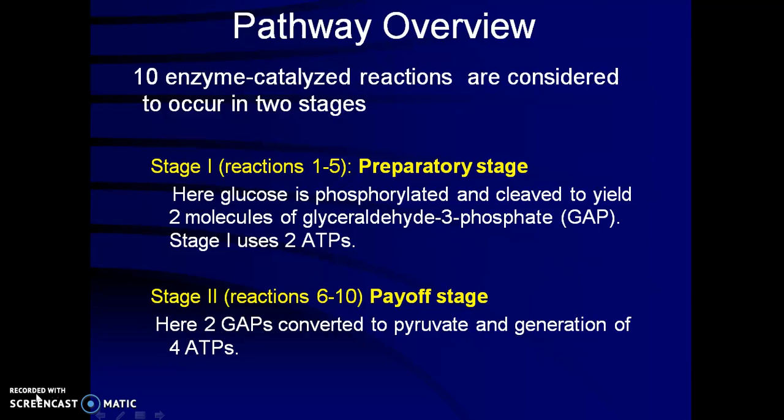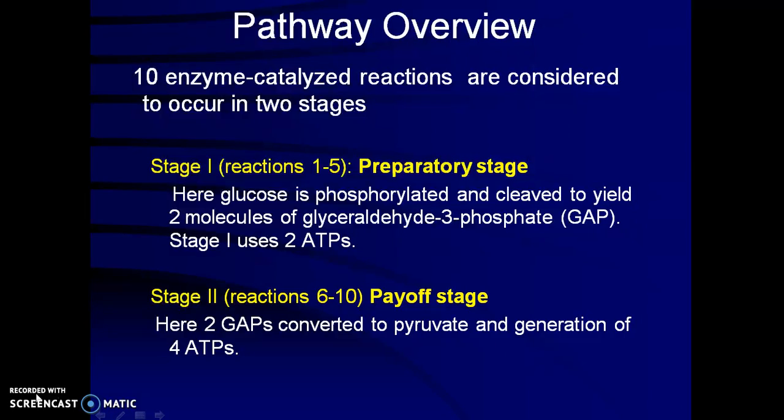10 enzyme catalyzed reactions are considered to occur in 2 stages. Stage 1, which is considered to be the preparatory stage, and stage 2, which is called the payoff stage. During stage 1, which consists of reactions 1 to 5, glucose is phosphorylated and cleaved to yield 2 molecules of GAP, that is glyceraldehyde 3-phosphate, and in this stage 2 ATPs are getting used.